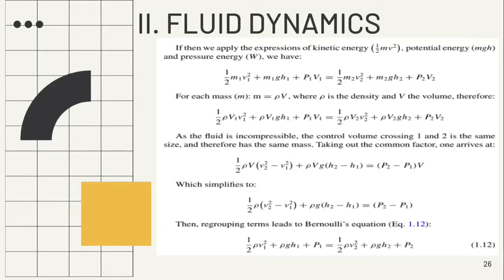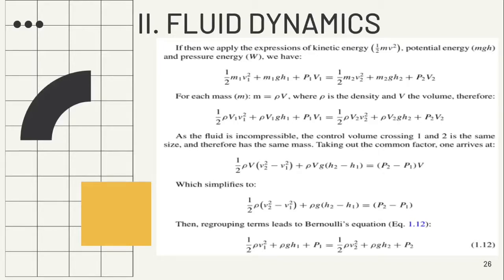For each mass, m equals ρV, where ρ is the density and V the volume. Therefore, 1/2 ρV1 v1 squared plus ρV1 g h1 plus p1 V1 equals 1/2 ρV2 v2 squared plus ρV2 g h2 plus p2 V2.